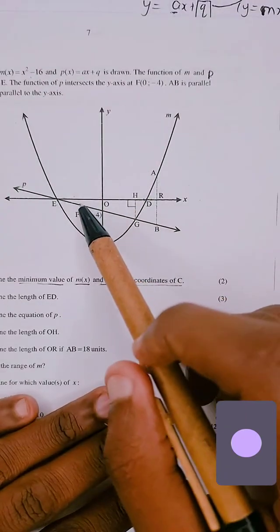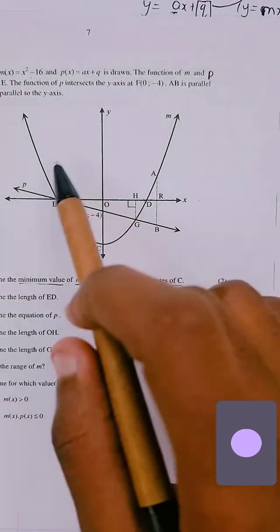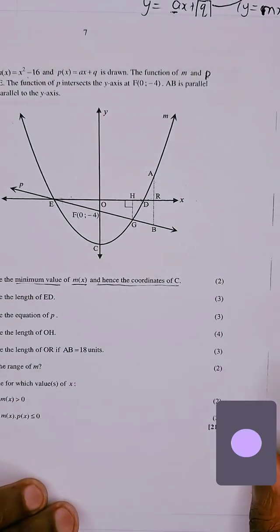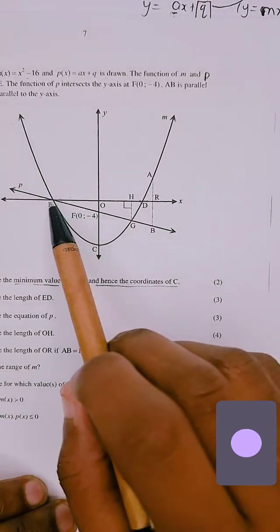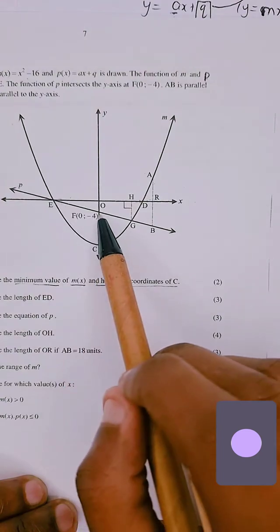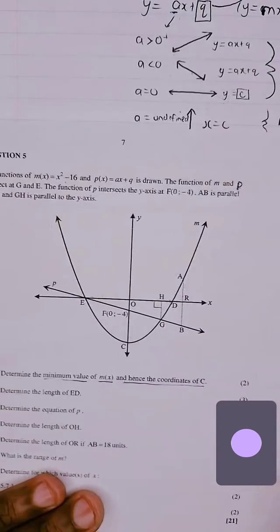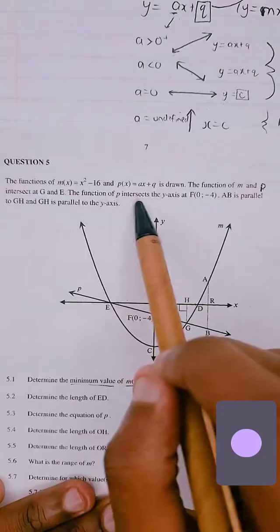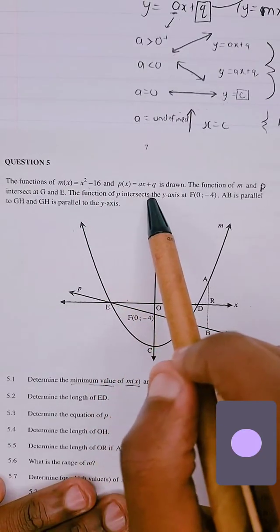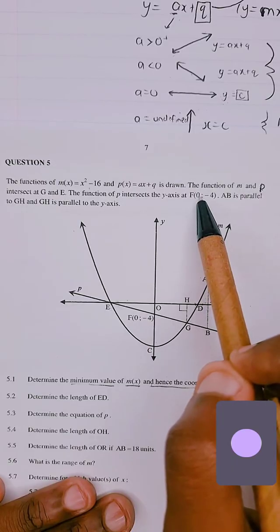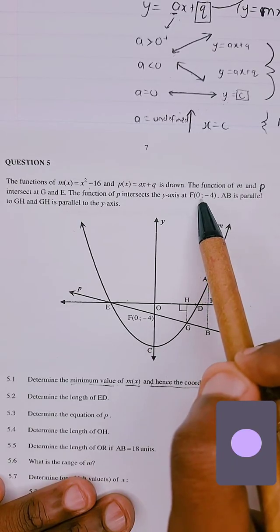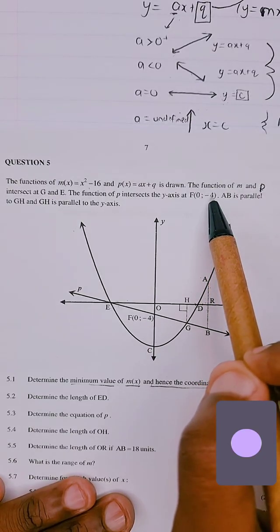Okay, so we have the coordinates of E. What other coordinates do we have on this line, Z? I don't know any other coordinates there. So you see E, right? Do you see F? We were told here the function of P intersects the y-axis at F, which is 0 and -4.